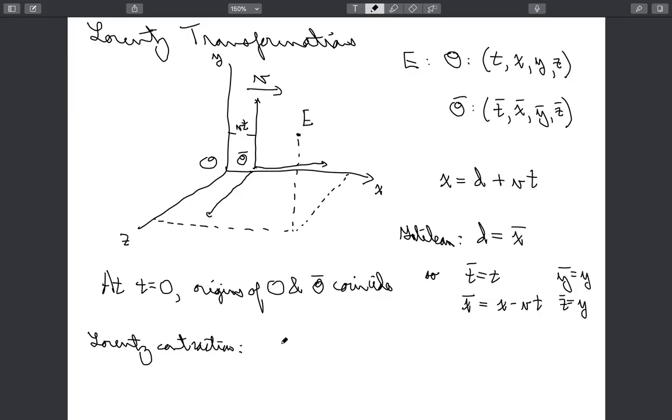We know that this length as measured in O bar is going to be corrected by the Lorentz contraction factor. So that means that x bar is going to be gamma times, if I re-isolate d from this, just x minus vt.